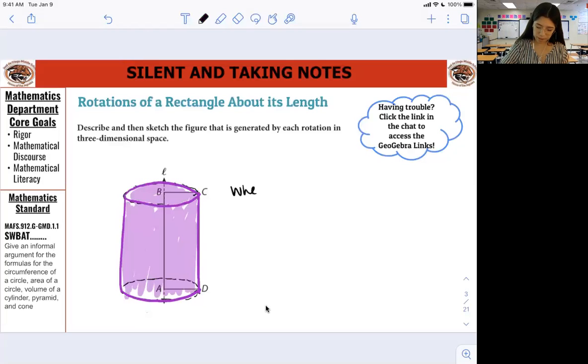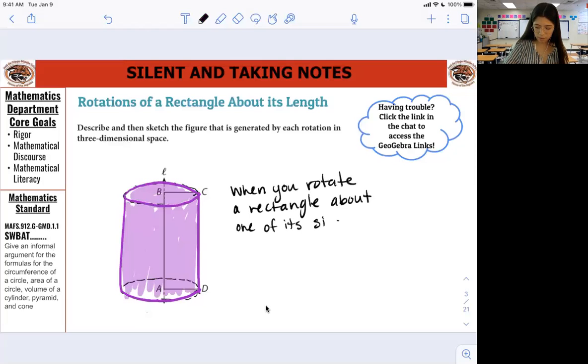So when you rotate a rectangle about one of its sides, you obtain a cylinder. Now, on my cylinder, what is the radius?